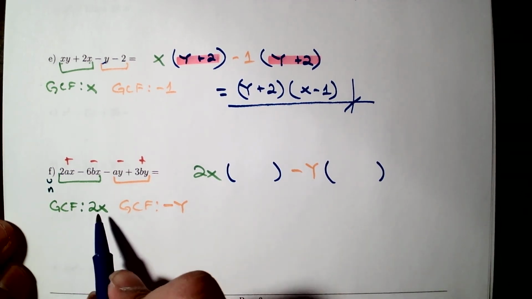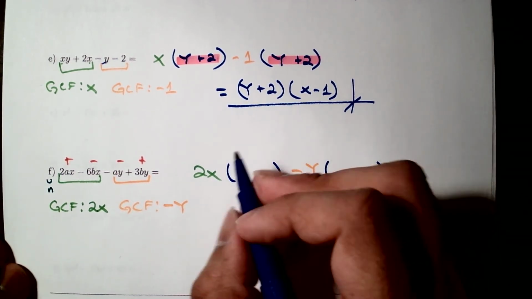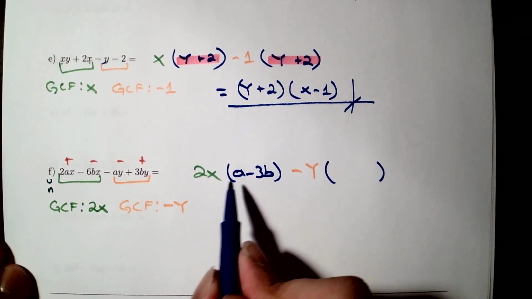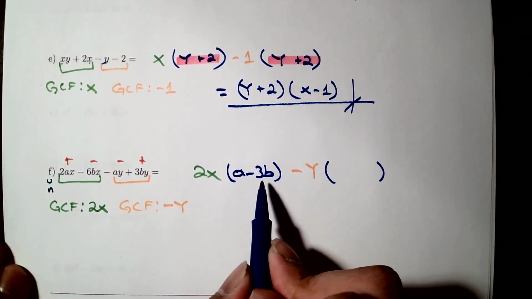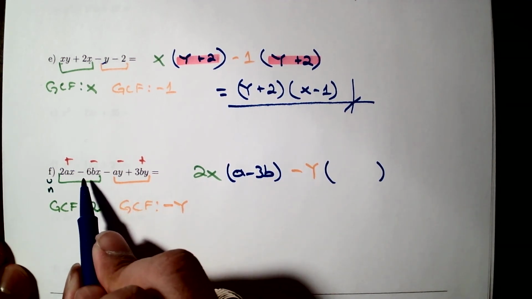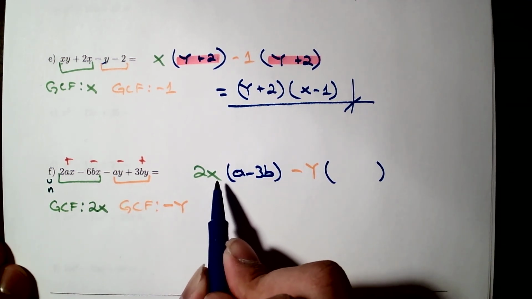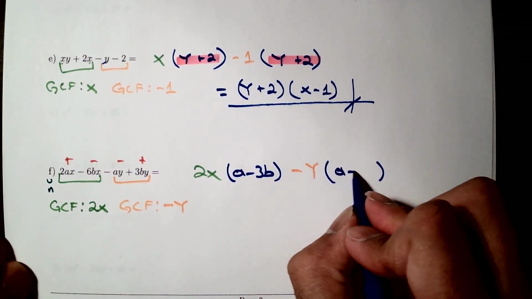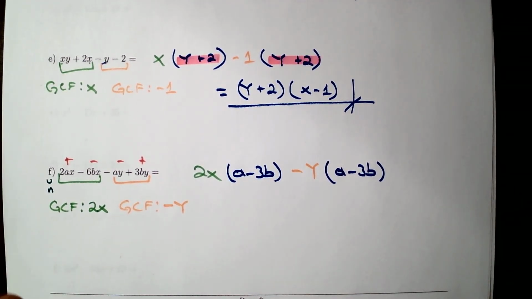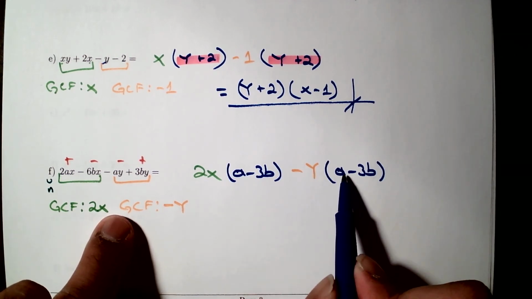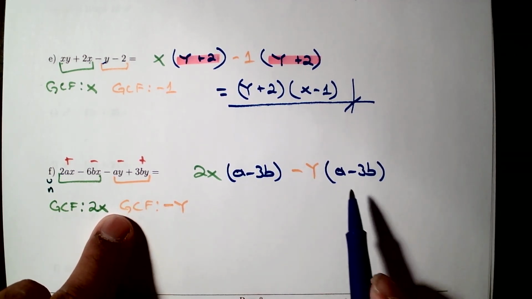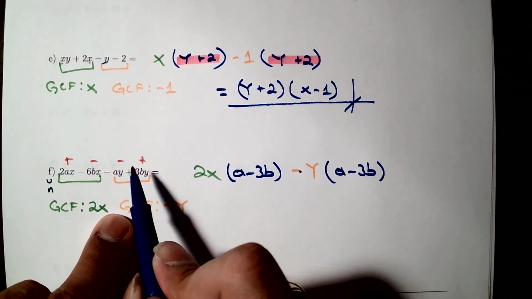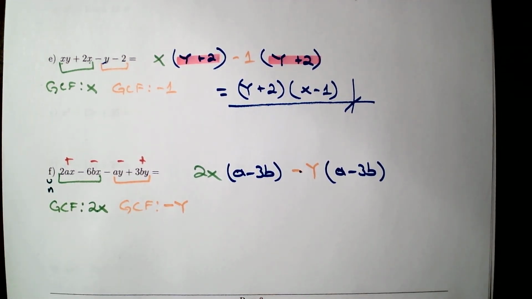Okay, so in this case, 2x times a minus 3b, because 2x times a is 2ax, and 2 times negative 3 is negative 6, x times b, bx. And same over here, a minus 3b. Right, so negative y times a, that's negative ay, and negative times negative is positive, y times 3b, that's 3by.